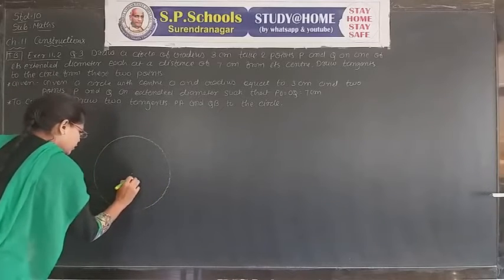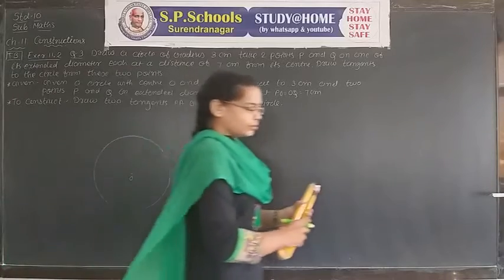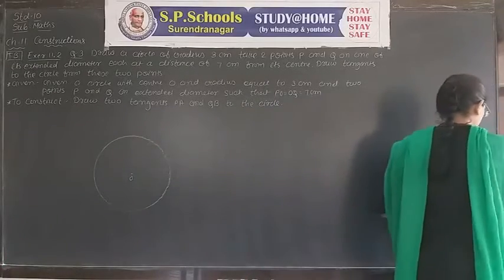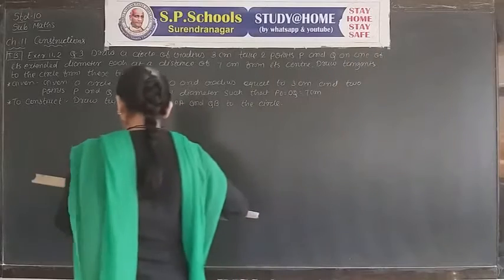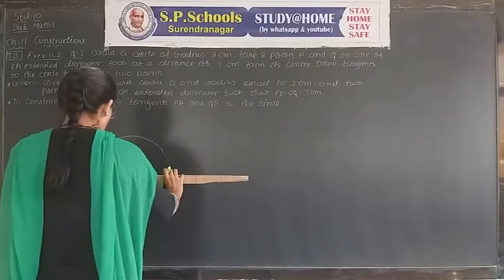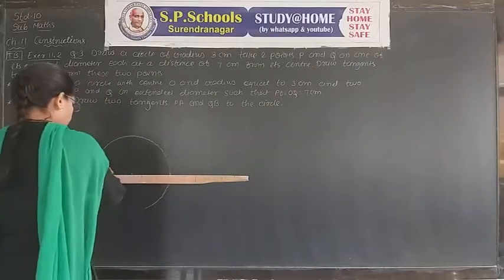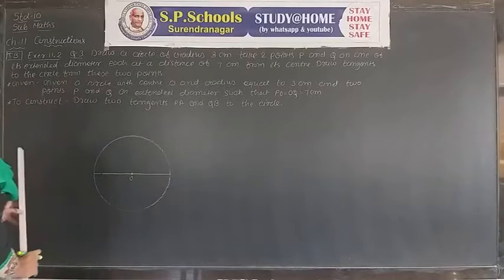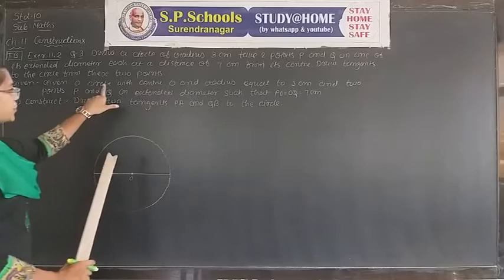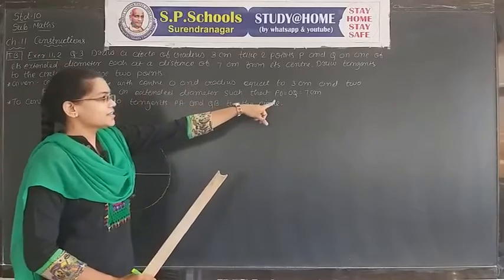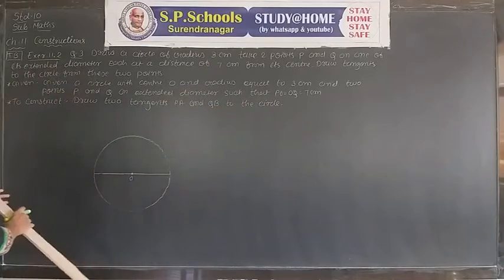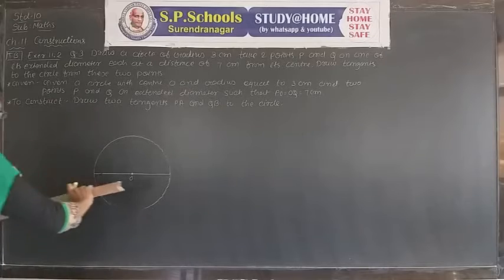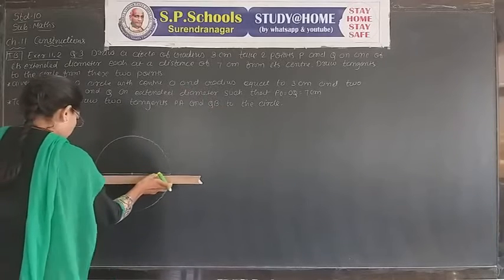It is center O. Then we have to take 2 points P and Q on the extended diameter of the circle. First of all, we have to draw one diameter. The 2 points P and Q are 7 cm away from the center.